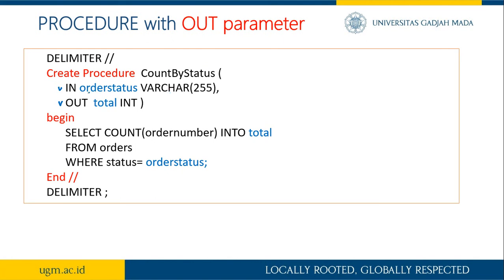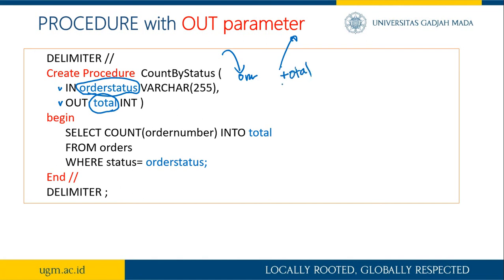The input is the order status parameter, which is the status, and then the output is the total of the orders. So it's like I'm giving in the order status, and I'm reaching the values in form of total.